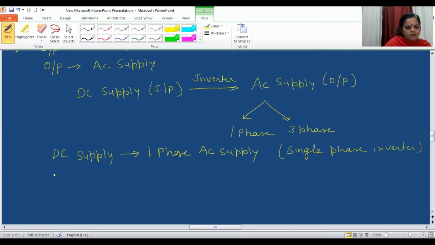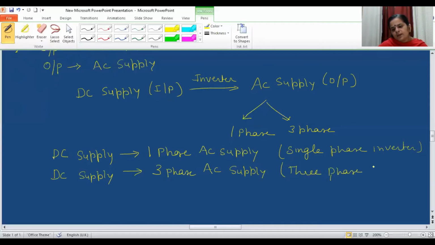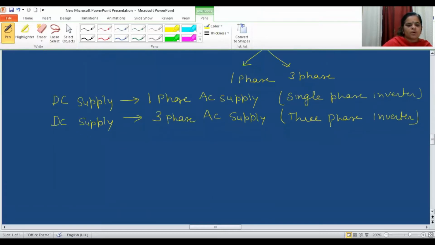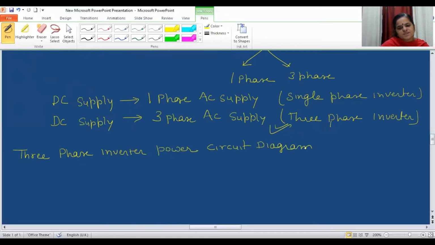And similarly, when the DC supply converts into a three phase AC supply, it is called a three phase inverter. Now in this video, my main focus will be on the three phase inverter. So let us start with the three phase inverter power circuit diagram.